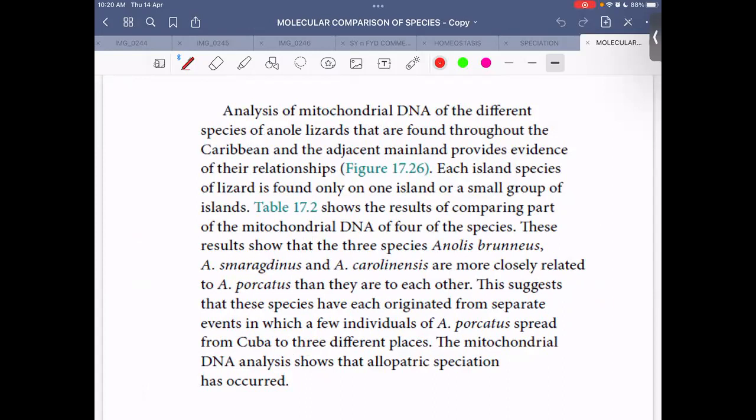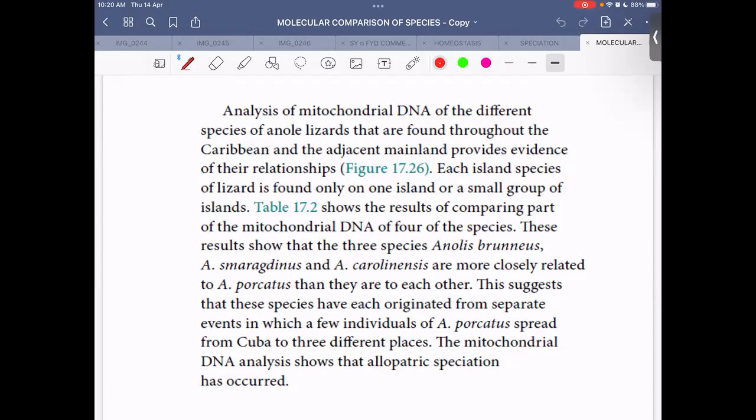We have a table which shows the results of comparing part of the mitochondrial DNA of 4 of these species. What are their 4 names? It's actually anole lizards, and the 4 species are Anolis brunnius, Anolis smaragdinus, Anolis carolinensis, and Anolis porcatus, right?